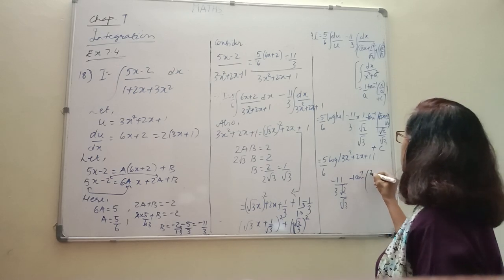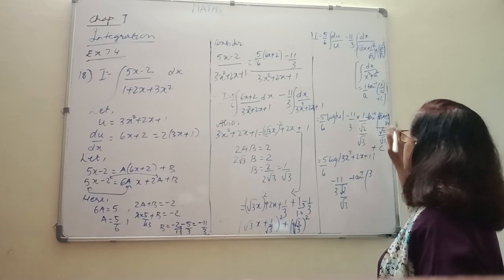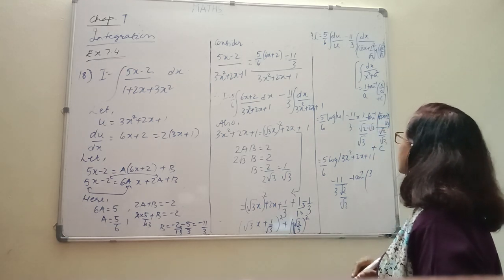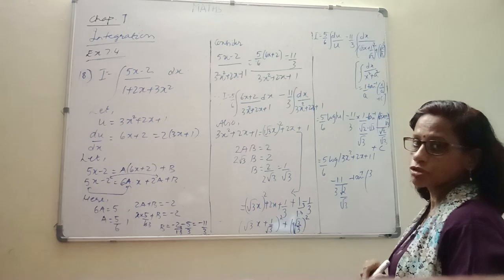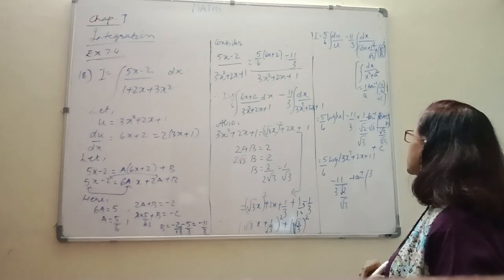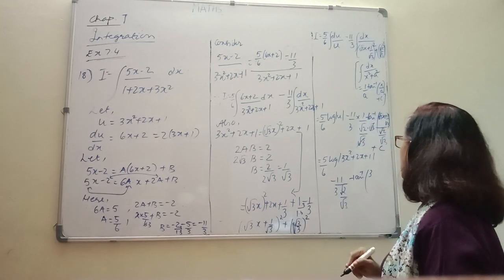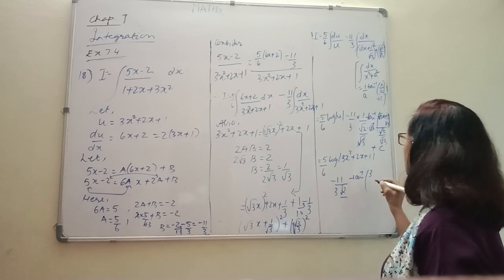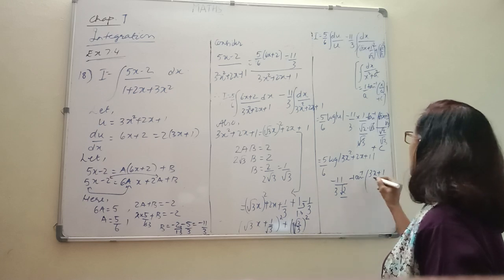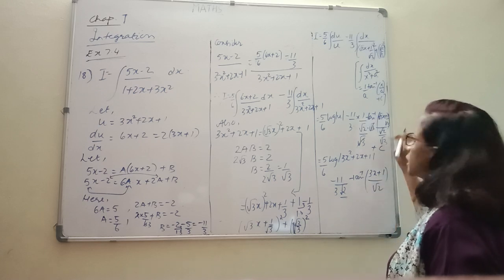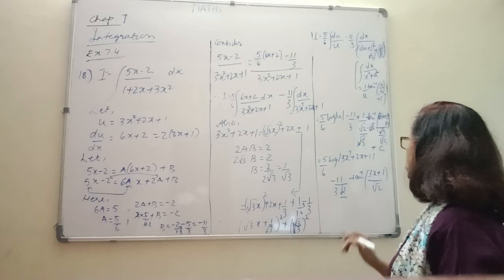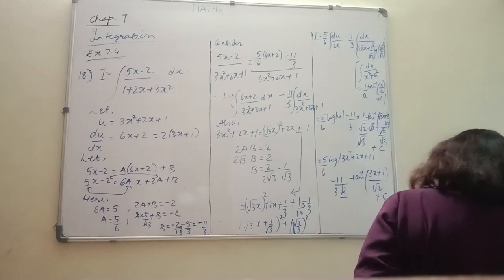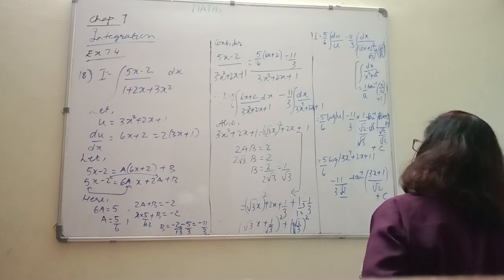When I write this, I should have written root 3 here also, because we have the constant there. So that has to be accounted in the denominator. So these both will get cut. So you will have only 11 over 3 root 2 tan inverse of 3x plus 1 over root 2. Why? Because these two root 3's can cancel each other when you equalize. So plus c. 5 over 6 log. Yeah, perfect.